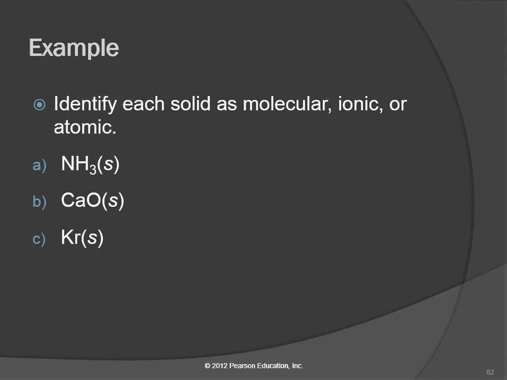It has a metal in it and a nonmetal. So if we look at these three different substances here, which one is ionic? B, because we have calcium, which is a metal, and oxygen, which is a nonmetal. This contains ions, and that makes this an ionic solid. So B is ionic.